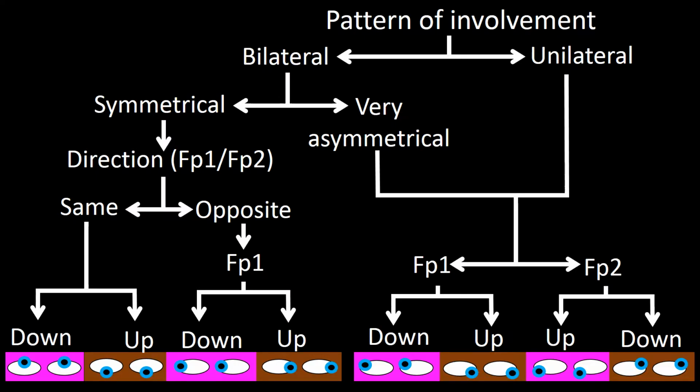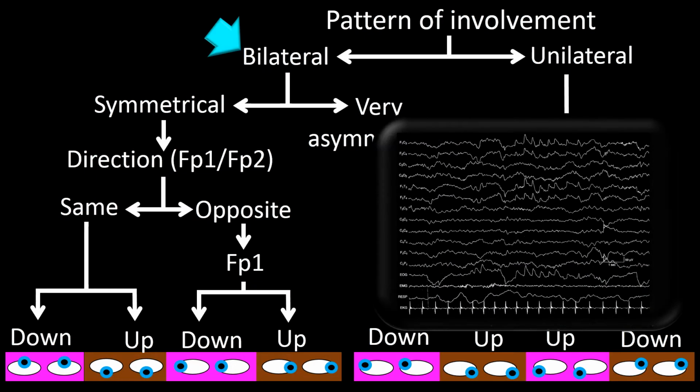So if we go back to the flowchart, you can see in this flowchart that movements are bilateral, as we pointed out when we were looking at the epoch, but they are also not symmetrical. But as you can see in this flowchart, asymmetry in itself is not an option.